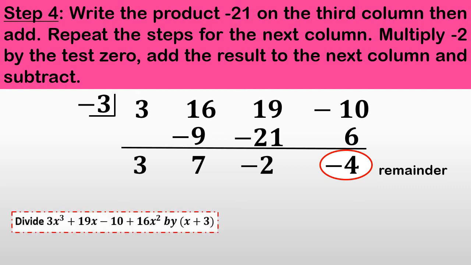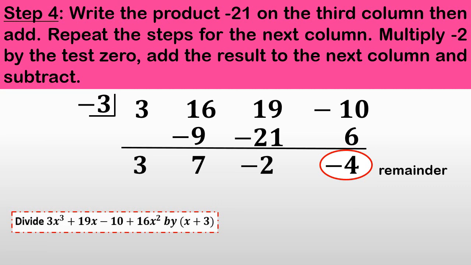So, tandaan, when we are writing the third row into a polynomial to identify the quotient, so, lagi tayong bababa ng isa sa exponent. Kung ang ating value or ang ating highest exponent sa ating dividend ay 3x cubed, sa ating quotient, tayo ay magiging squared.